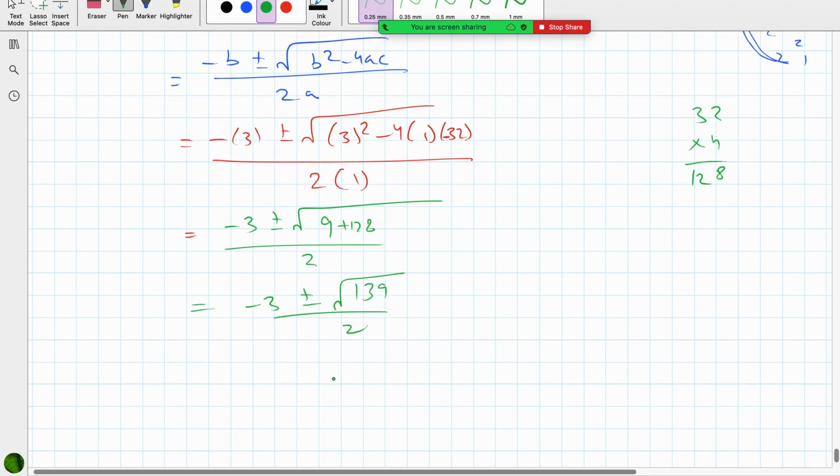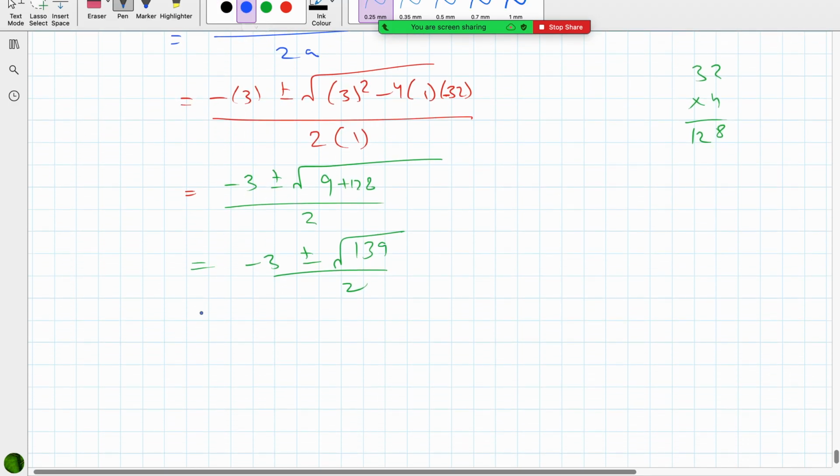So these are the two possible values. First is minus 3 plus square root 139 by 2. Next is minus 3 minus square root 139 by 2.